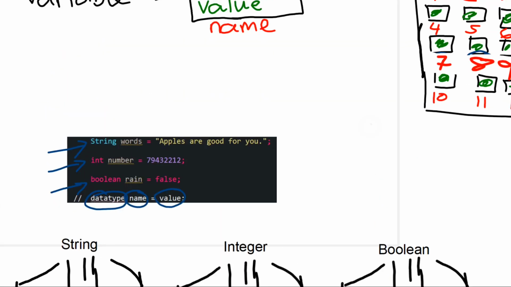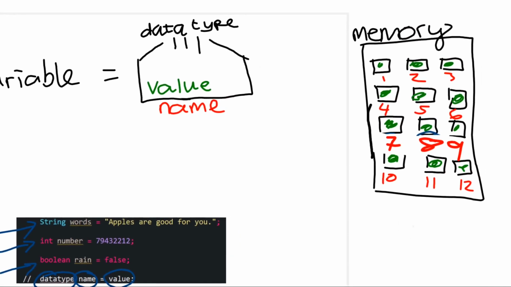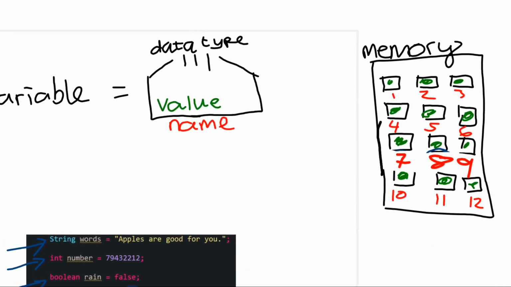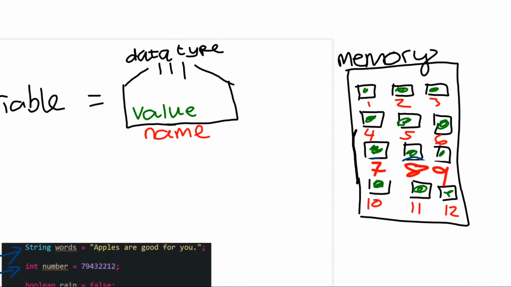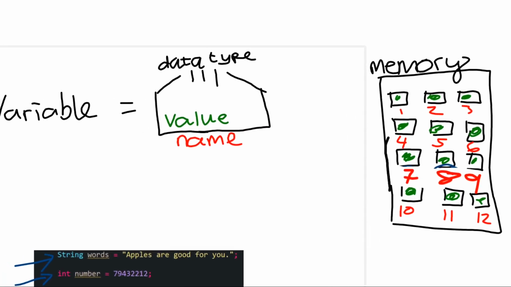So the next thing to show you is memory. Memory might be a bit of a harder one to understand because you don't really see this happening. But when a variable is declared, depending on the data type that it is declared as, a chunk of memory is assigned to that variable.